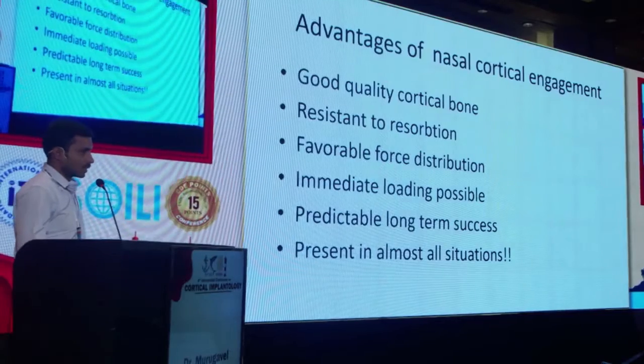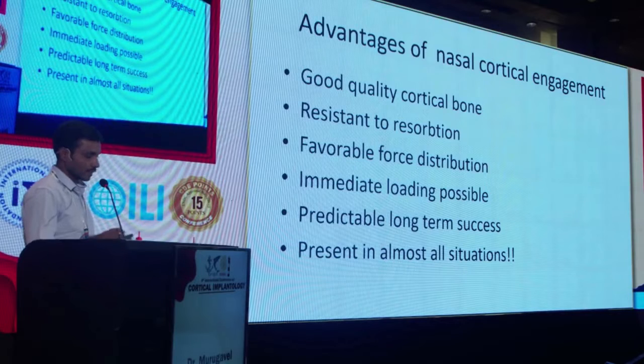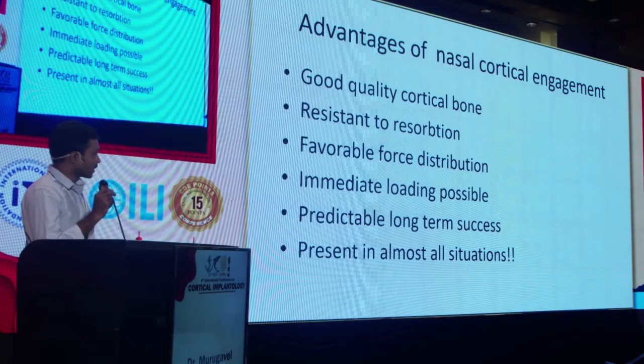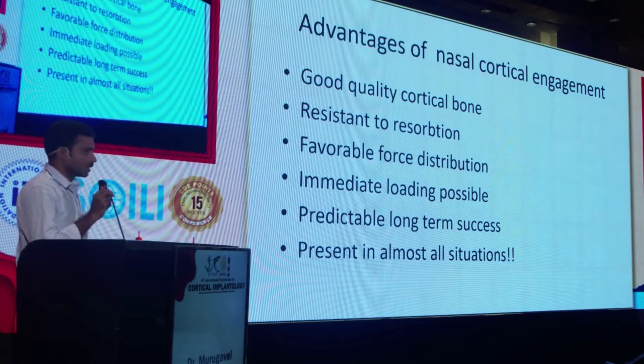The advantages: C2, the second cortical, is good quality cortical bone where you can get high stability. It is resistant to resorption, has favorable force distribution, allows immediate loading because of high stability, gives predictable long-term success of the implant, and is almost always present, unlike the alveolar bone.